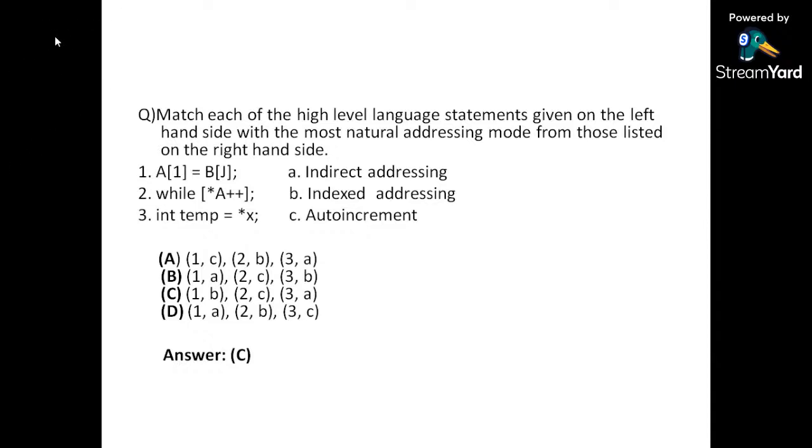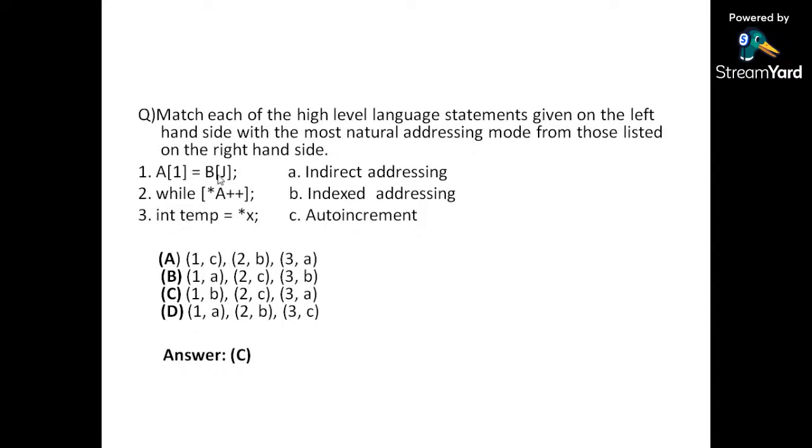Also we have studied that auto increment addressing mode is used where? It is used while implementing a loop. Here while is also specified, so it is quite clear that we are trying to implement a loop, and the plus plus sign is also an indication of auto increment addressing mode. So 2 is definitely an example of auto increment addressing mode.